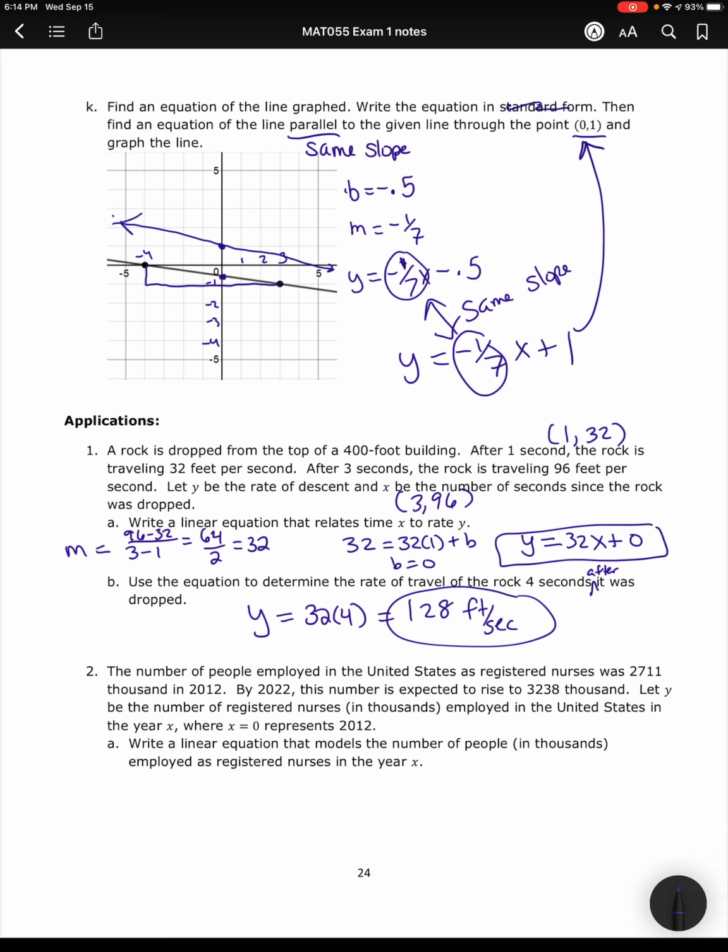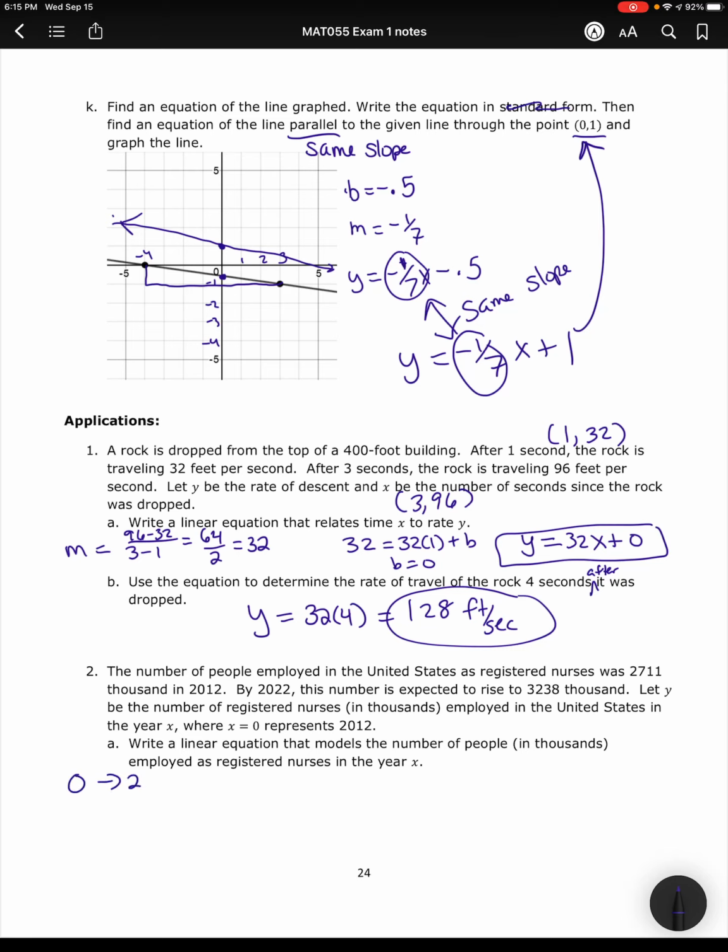The number of people employed by the United States as registered nurses was 2,711 thousand in 2012. By 2022, this number is expected to rise to 3,238 thousand. Let y be the number of registered nurses in thousands employed by the United States in the year x, where x equals 0 is 2012.